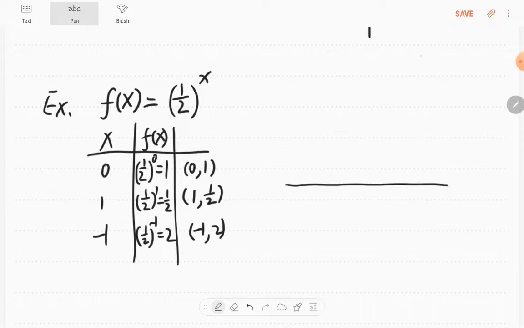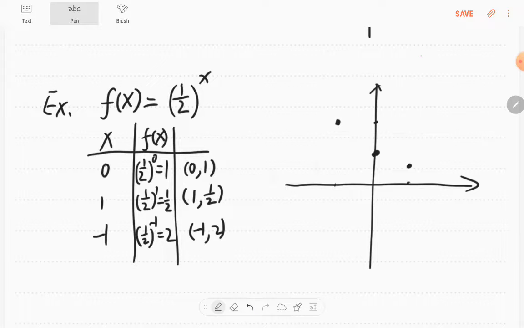Now let's locate these points. (0, 1), and (1, 1/2): 1 is here, 1/2 is here. And (negative 1, 2) would be here.